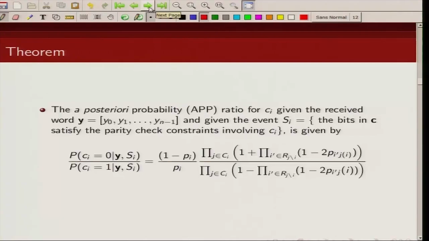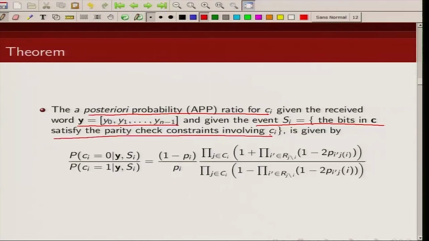So then we can write down the expression for a posteriori probability of our code bit Ci given our received sequences Y and given that the parity check constraints containing Ci has been satisfied. So what's the probability of Ci being 0 given a received sequence Y and given that the parity check constraint involving Ci has been satisfied?